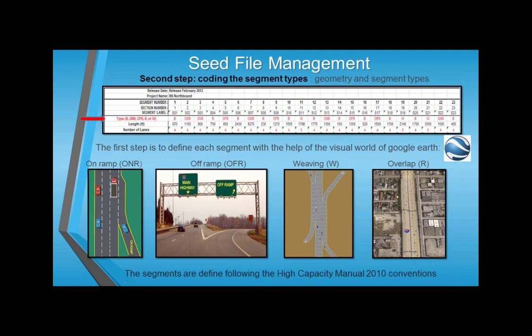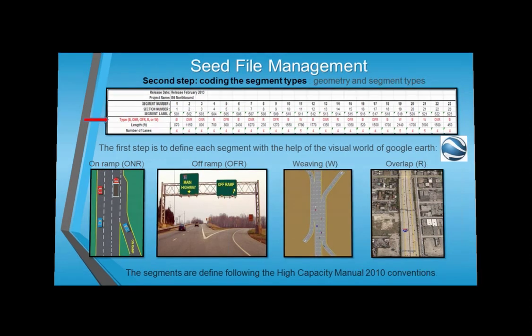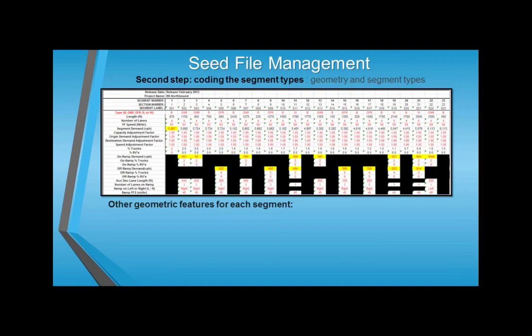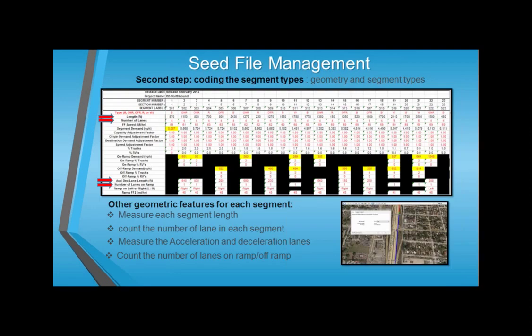All these segments are defined using the convention of the Highway Capacity Manual 2010. But we also have to input some other geometrical information using Google Earth, which is the number of lanes, the length of the segment, the length of the acceleration and deceleration lanes, and the number of off-ramp and on-ramp lanes that we have.